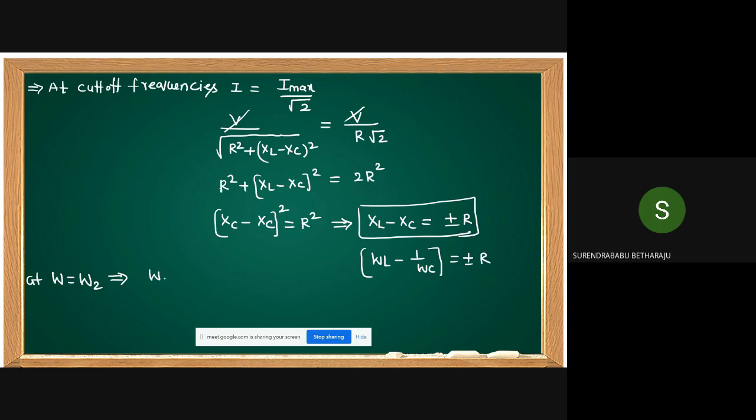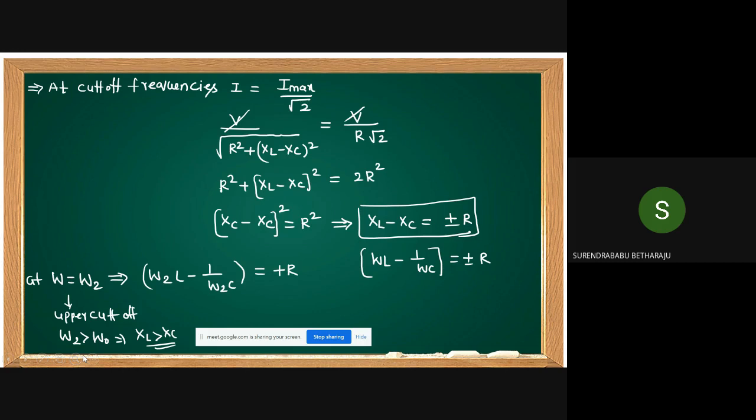Then omega 2 into L minus 1 by omega 2 into C is equal to plus R. Sir, why have you taken plus R? At omega equal to omega 2, the upper cutoff frequency, omega 2 is greater than omega naught. Then which is more dominant? XL is dominant.